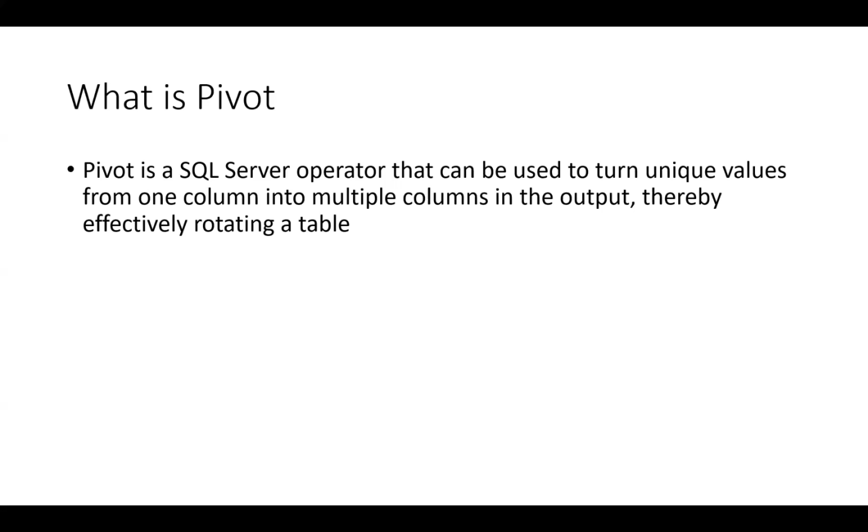Your column can have repetitions of values. You take unique values and you make columns out of those values, meaning you have one column and you are effectively turning it to make more columns, meaning spreading it out. Okay.